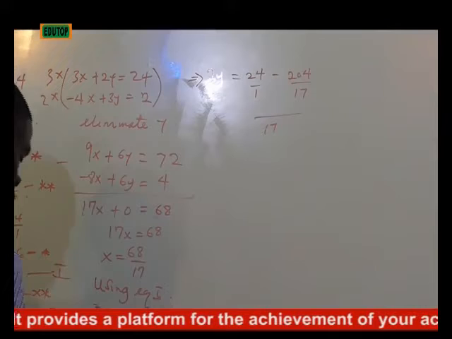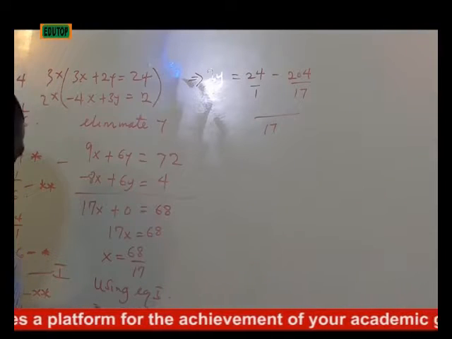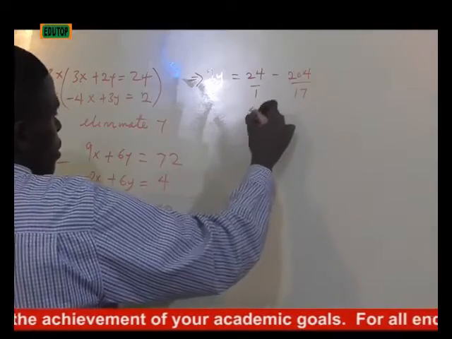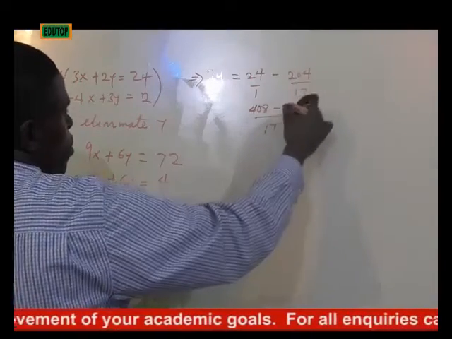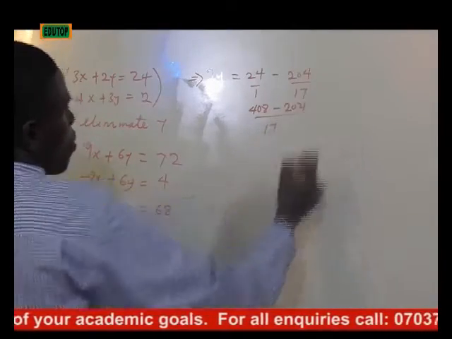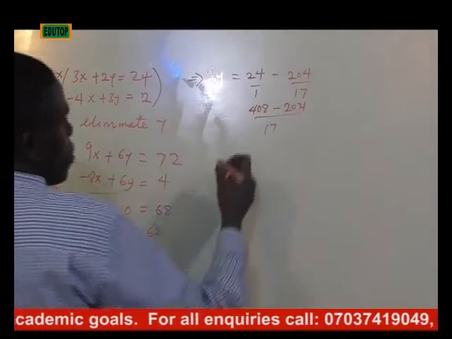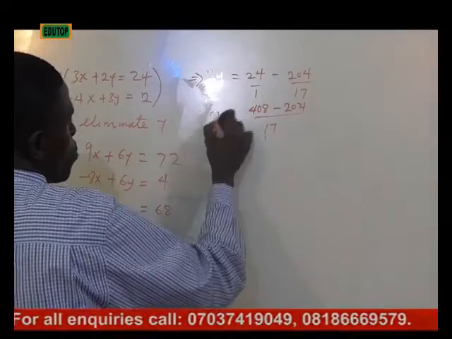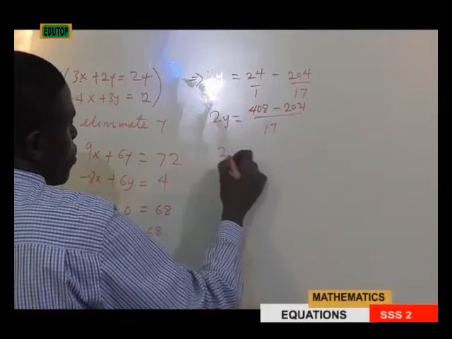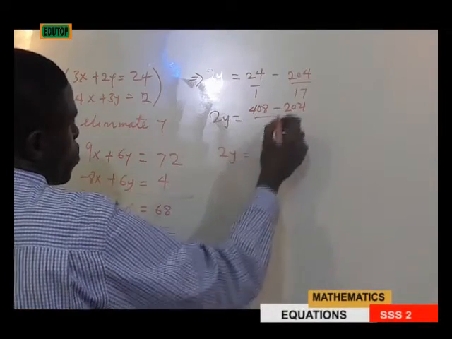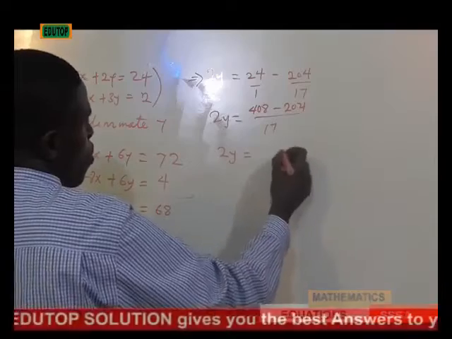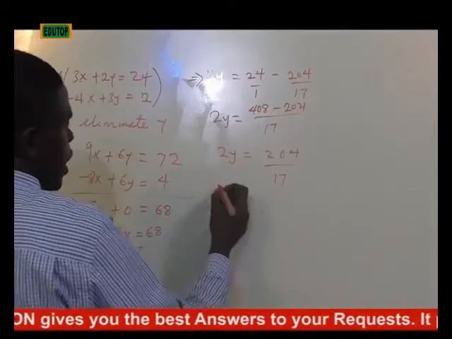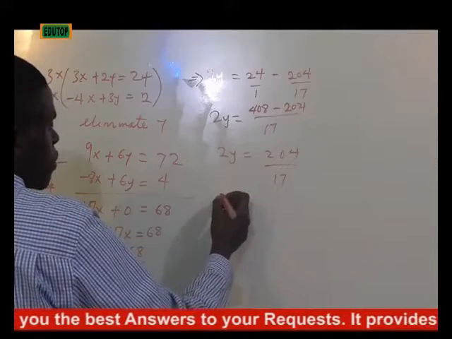So 17 times 24 gives 408. 408 minus 204 gives me 2y equals 204 over 17.